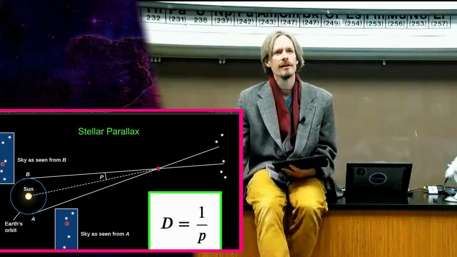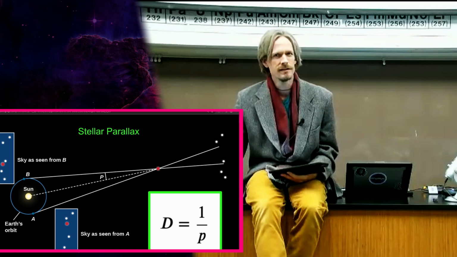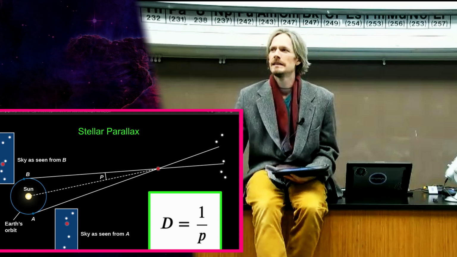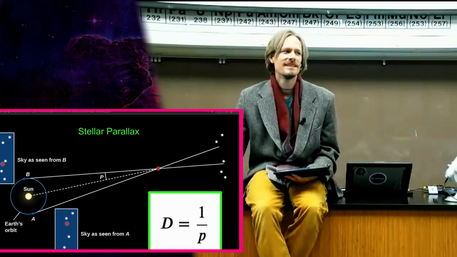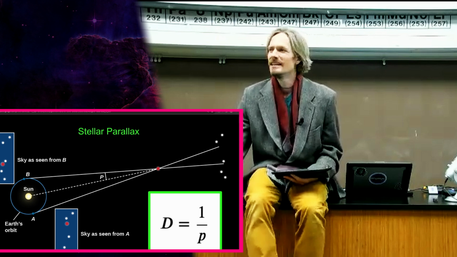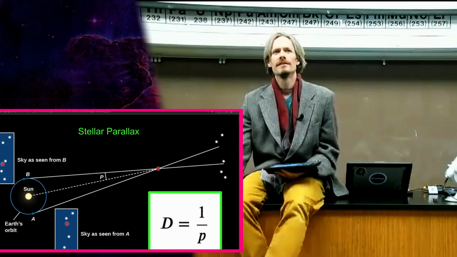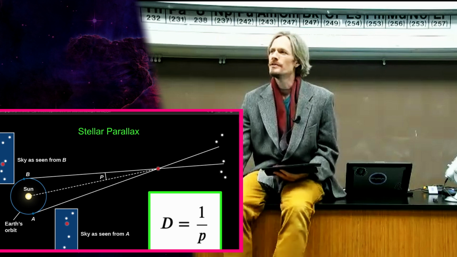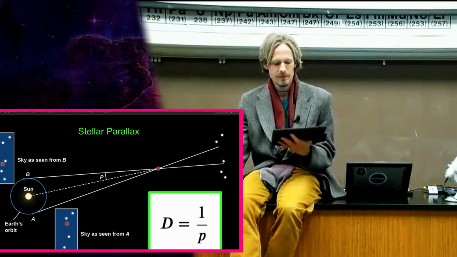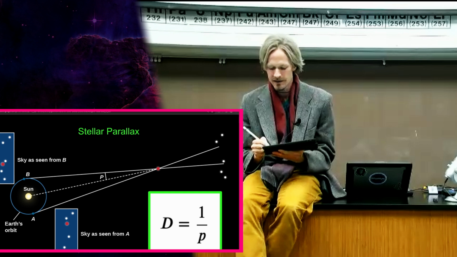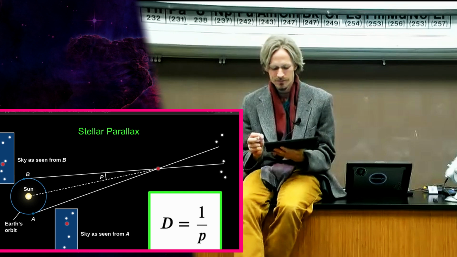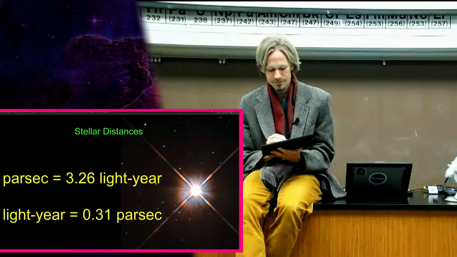Now, how far away is 3.26 light years? Is it far enough to get to a star? Not quite. The nearest star is maybe 4 or 5 light years away, so almost 2 parsecs. It's a huge distance, but it's not big enough to even really get anywhere.